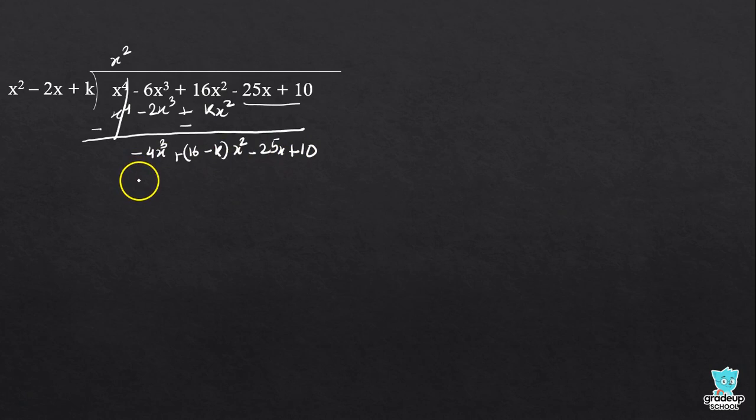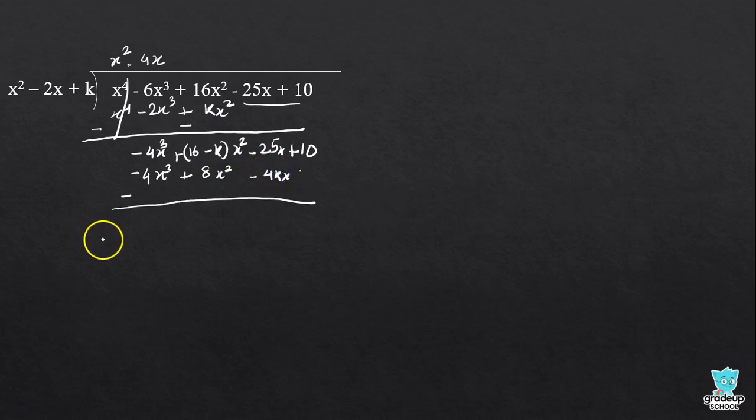And now we are going to repeat the process again. In this case the first term is -4x^3 and the divisor's first term is x^2. So when we divide we get -4x. Now we multiply it. We get -4x^3, then plus 8x^2, then minus 4kx.